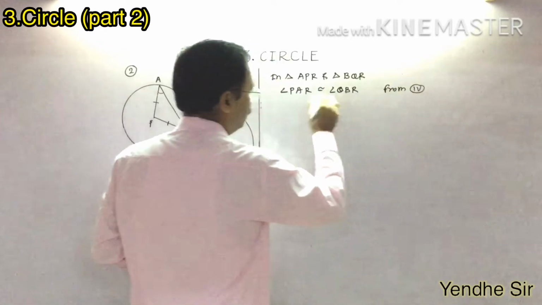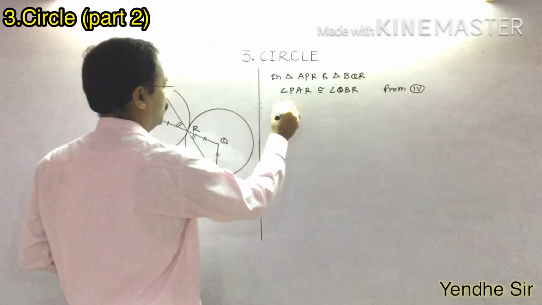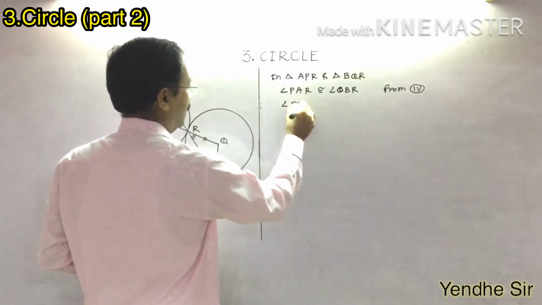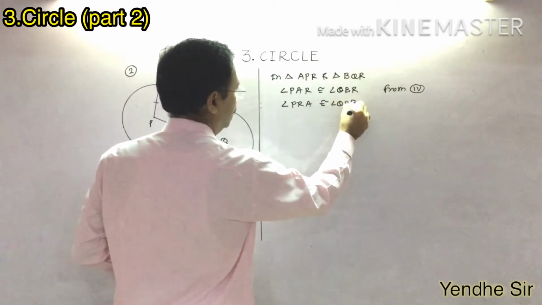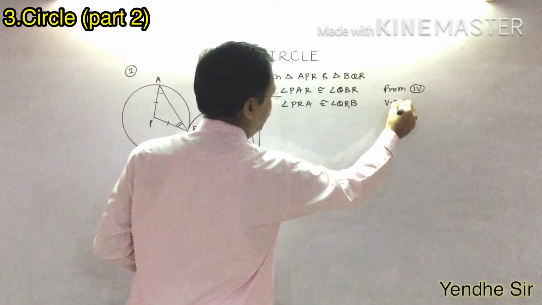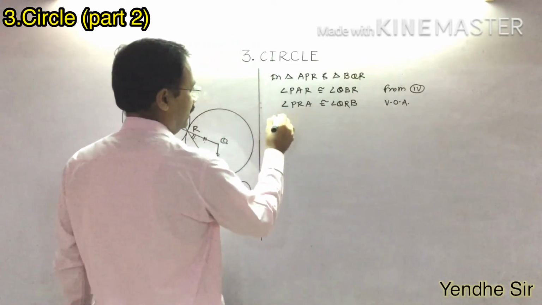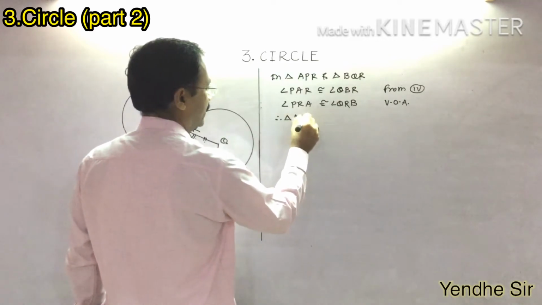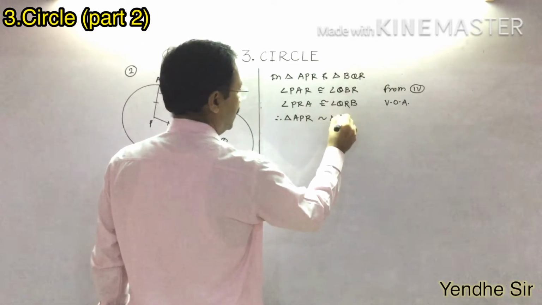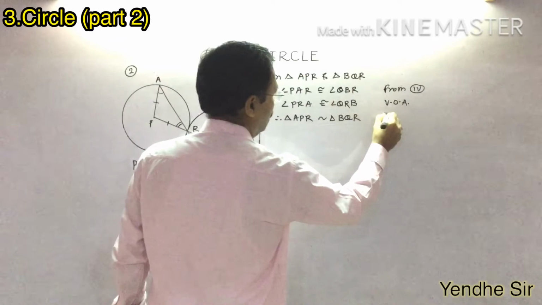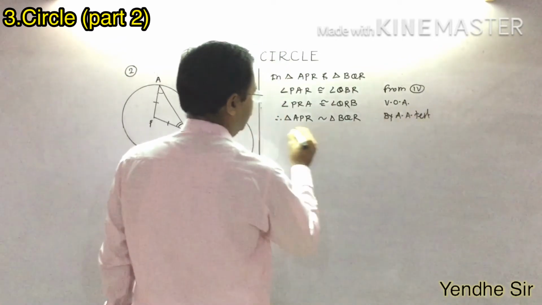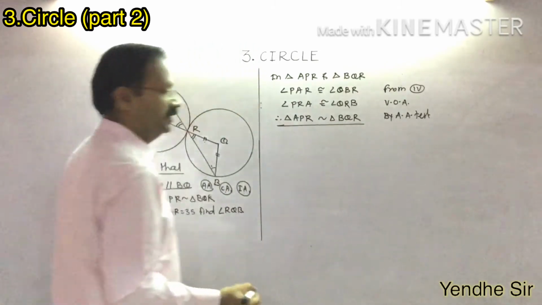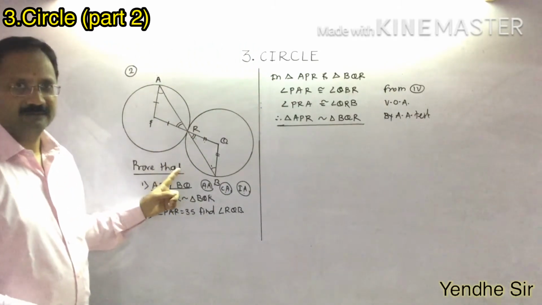That we have proved first. Okay? Then I am going to take angle PRA is congruent to angle QRB. These are vertically opposite angles, and therefore triangle APR is similar to triangle BQR by a test of similarity. This we have proved, the second thing.